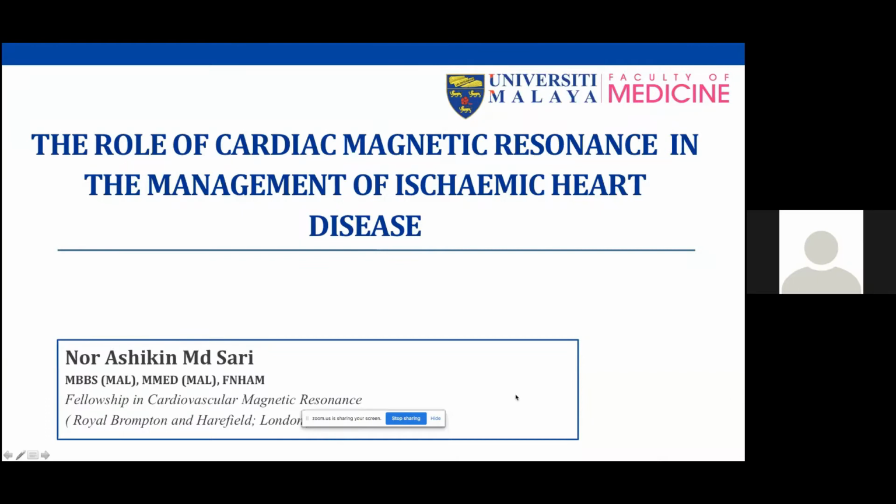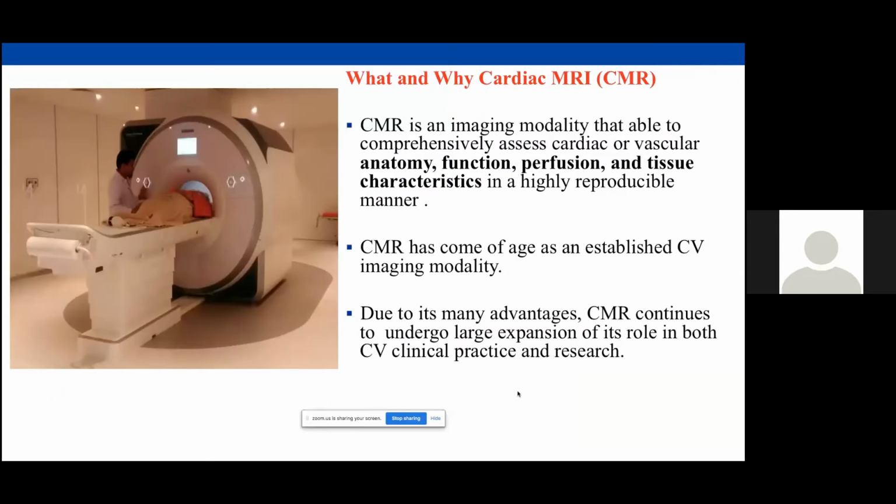Okay, so today I'll present focusing on the role of cardiac MR in the management of ischemic heart disease. I want to start first with a brief introduction on cardiac MR. CMR is an imaging modality that is able to comprehensively assess cardiac anatomy, function, perfusion, and tissue characteristics in a highly reproducible manner.